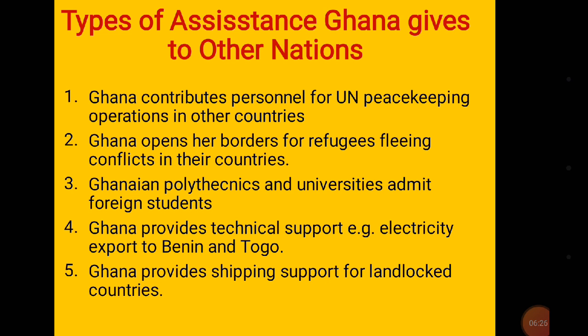If not for the support they're getting from Ghana, how would they have transported all their heavy cargoes? So Ghana provides shipping support for landlocked countries, and it's one of the best forms of assistance Ghana, as a coastal country, can give to landlocked countries.